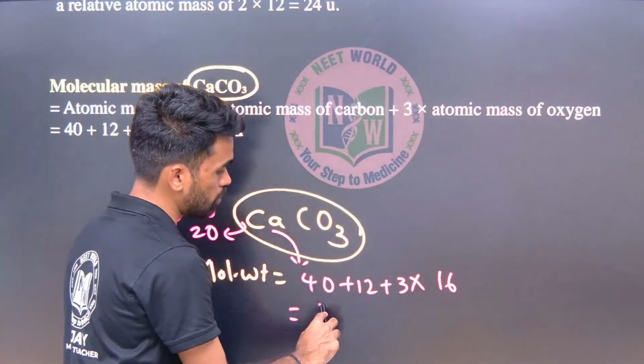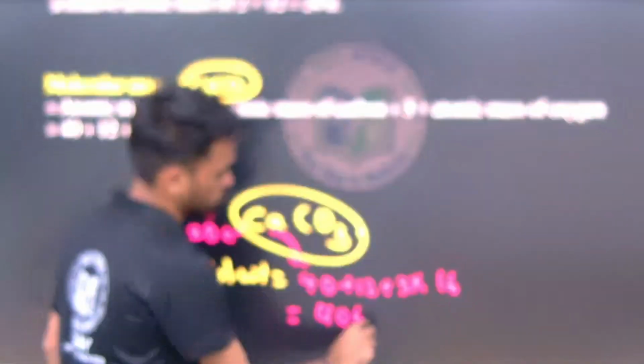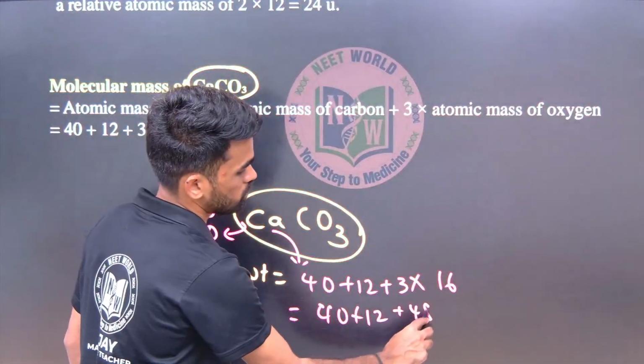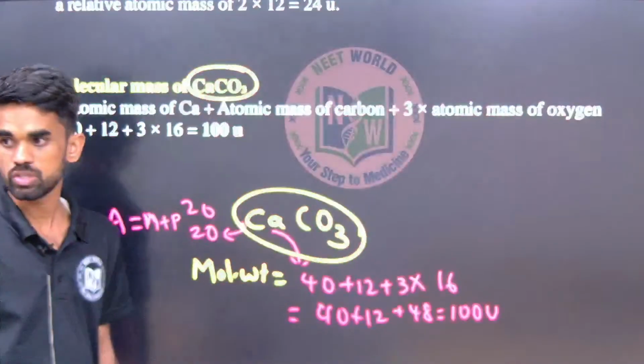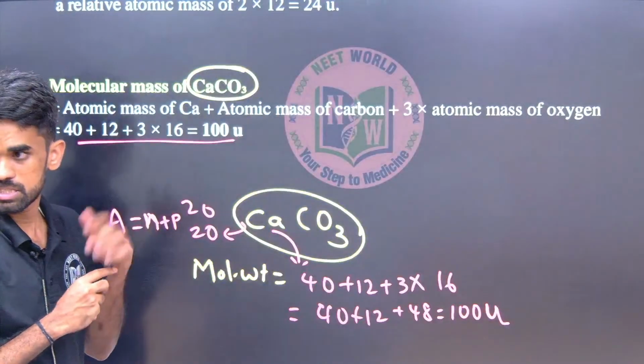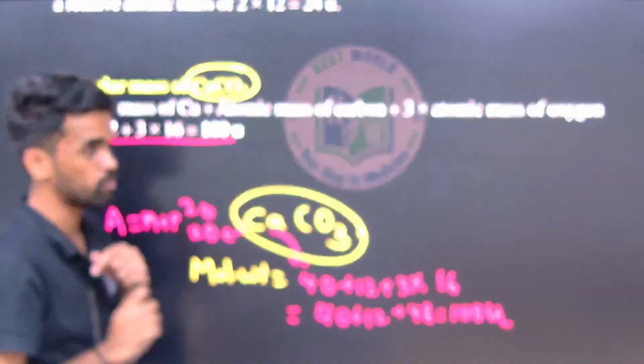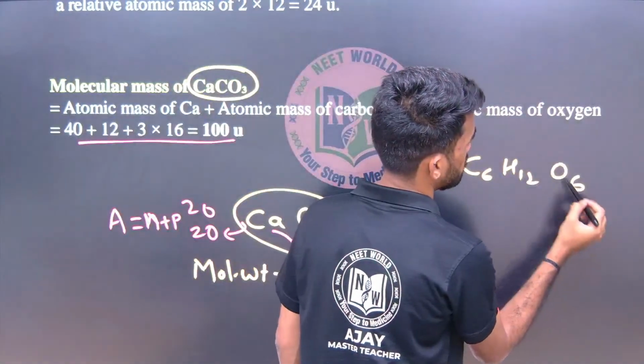So it will be 40 plus 12 plus 48, which is 100 atomic mass units, u, I am writing it small. So this is the molecular weight of CaCO3, calcium carbonate. Now just tell me for this one, for glucose, C6H12O6.